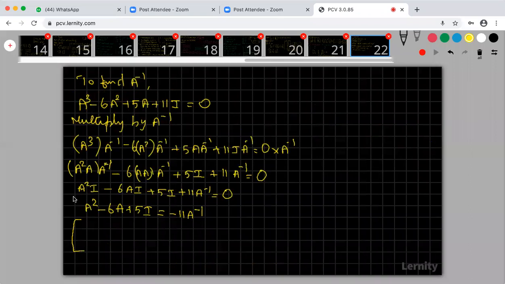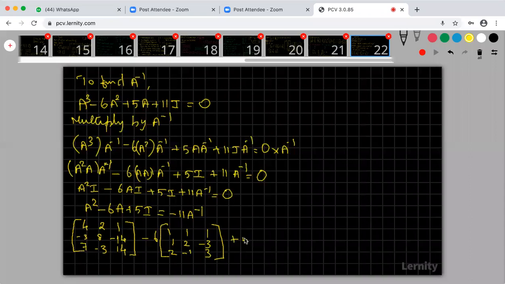Apply that A square, apply that A, apply I. Minus 6 into A, what is A? 1, 1, 1, 1, 2, minus 3, 2, minus 1, 5.